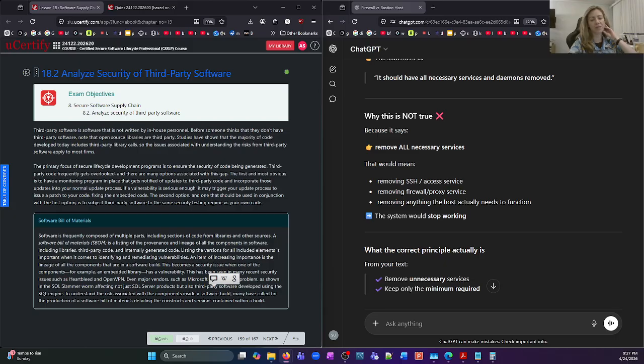Examples for provenance: a GitHub repo, an npm package, your company code. An example of lineage is library A depends on B, and B depends on C, and the other chains of dependencies.